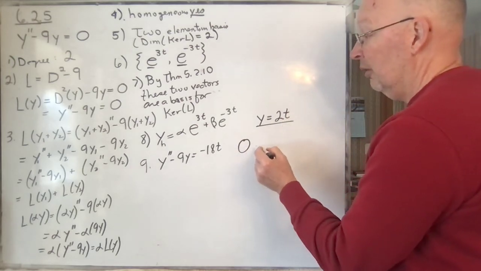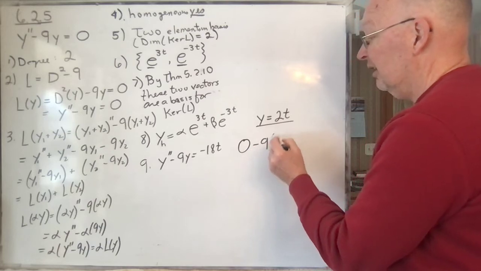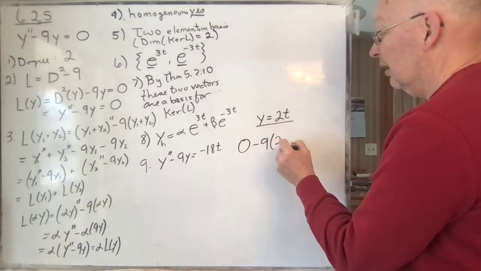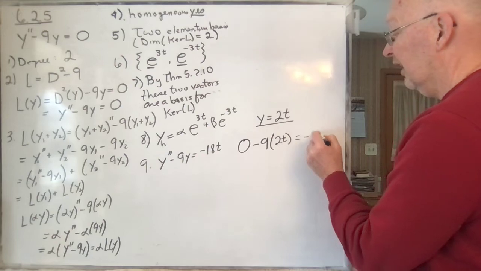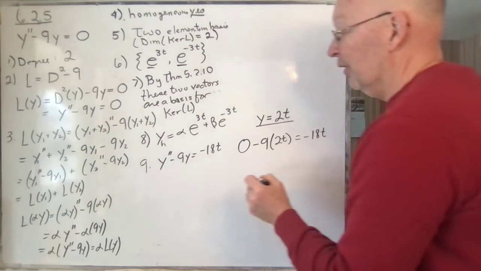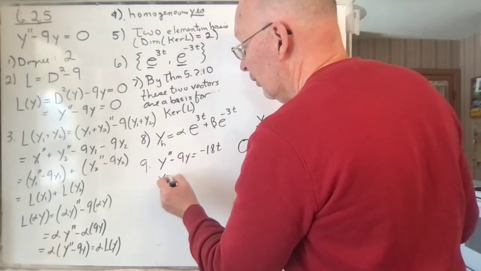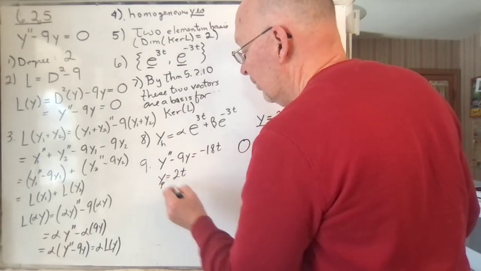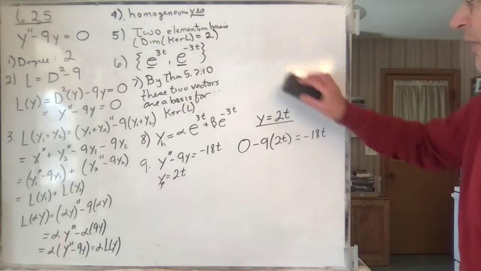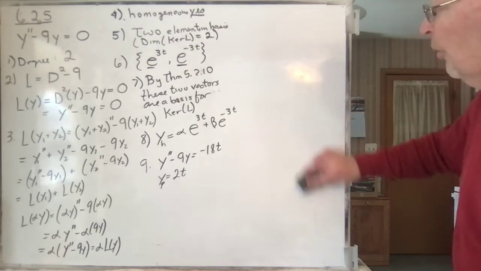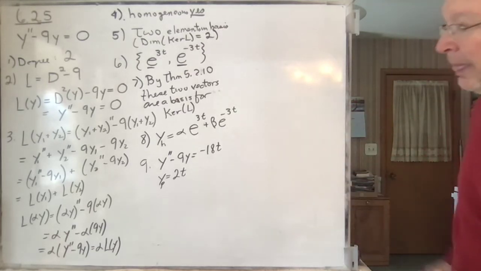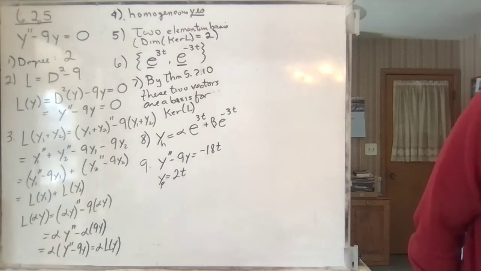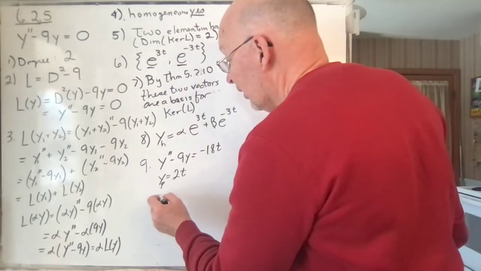So it's 0 minus 9 times 2t, and sure enough, I get negative 18t. So there's the answer: y equals 2t is a particular solution, I'll put y sub p, for that non-homogeneous differential equation. Now that I've done that one, see if you can do the next one.